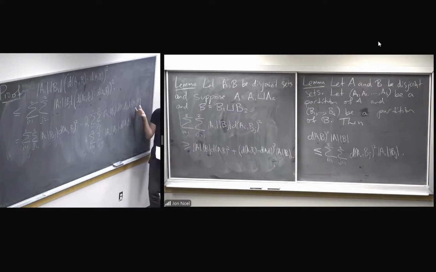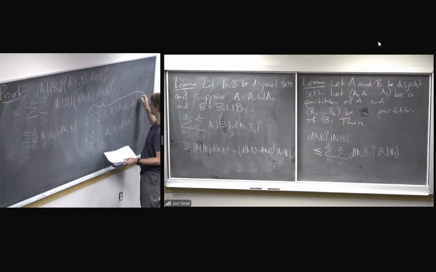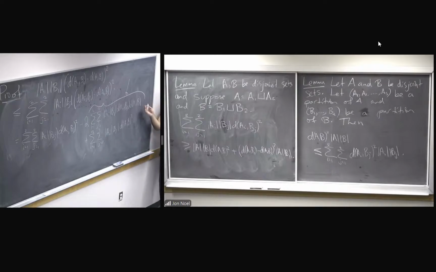So in the second term and the third term, we've got these d(A,B)s, and those can just come out, because that doesn't depend on i and j. So this middle sum, take out the d(A,B). This is now just summing up the size of Ai, the size of Bj, and the density between them. But by the formula for what this density means, this is the number of edges divided by these two quantities.